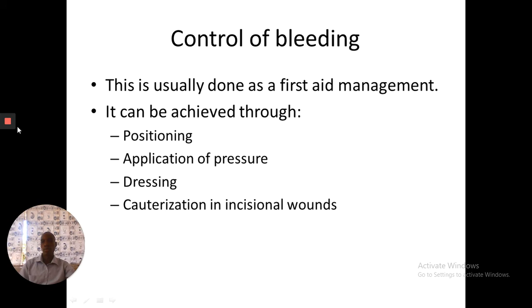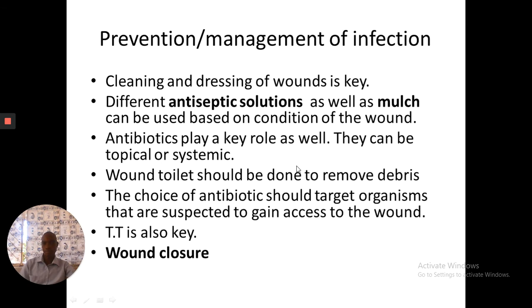And also you can do dressing. You can dress that particular part to arrest bleeding. Or if, for example, this was an incisional wound and you accidentally cut a blood vessel, a large vessel, then you can cauterize, and this is use of electricity to burn blood vessels and stop them from bleeding.